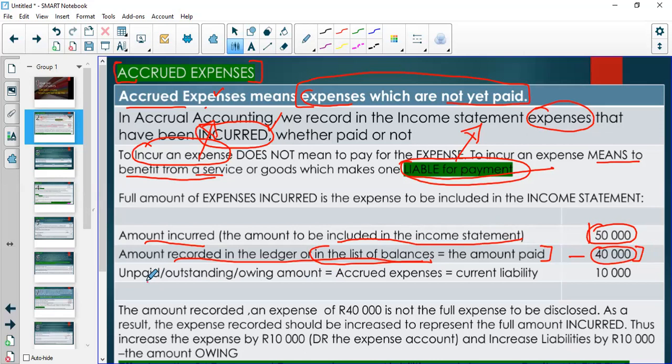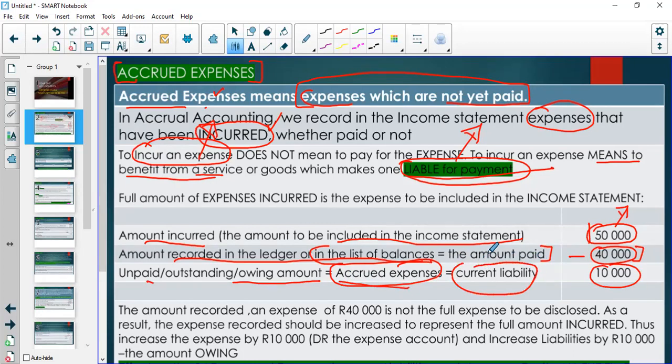So the unpaid, outstanding or owing amount is referred to as the accrued expenses. It's the 10,000, which is the difference between what we incurred and what we paid. The amount owing, the amount unpaid, is the accrued expense, and it is a current liability.